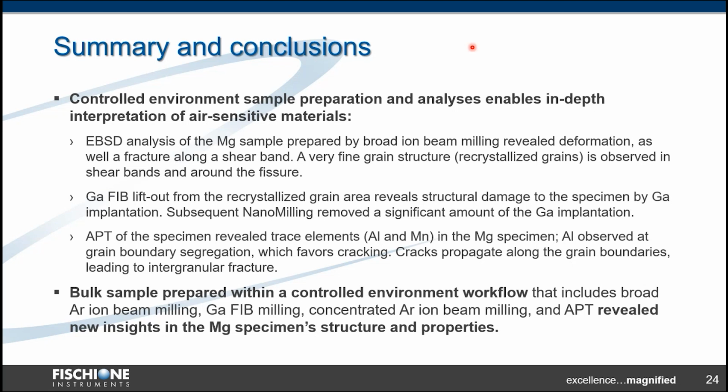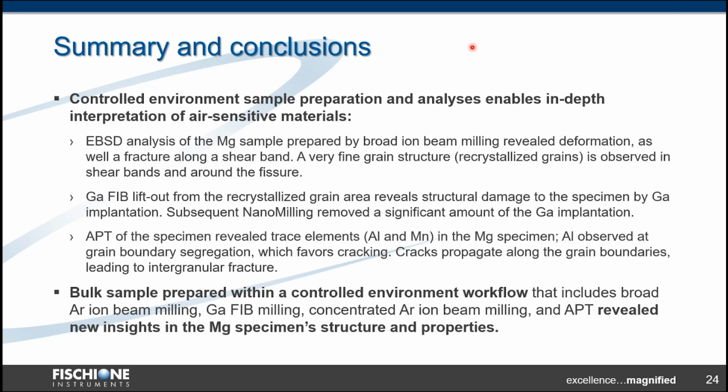A very fine grain structure was observed in shear bands and around the cracking. The gallium FIB preparation from the recrystallized fine grain areas reveals structural damage to the sample by gallium implantation, which was removed by NanoMill application.